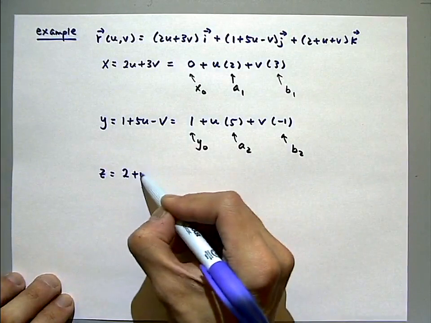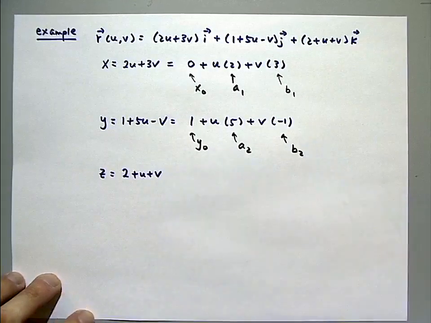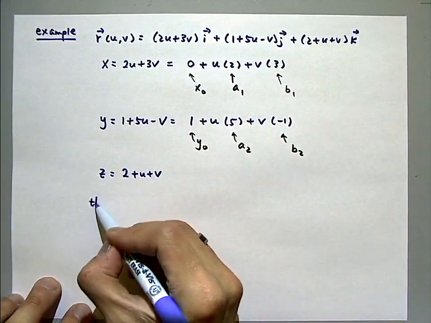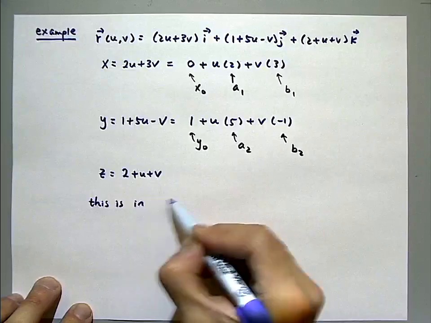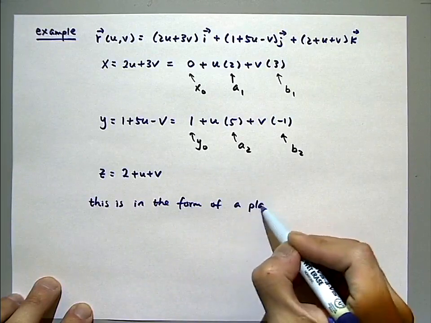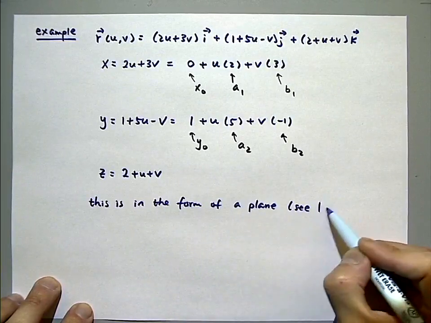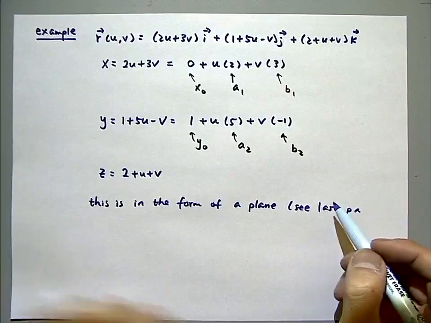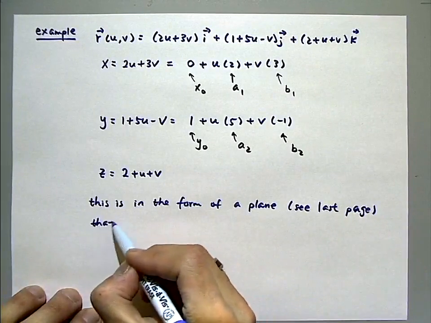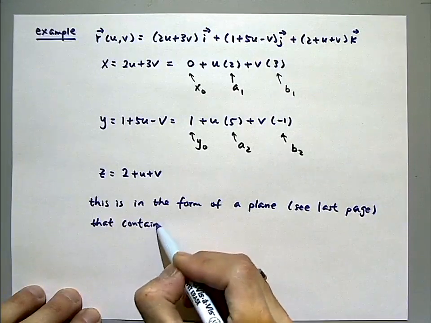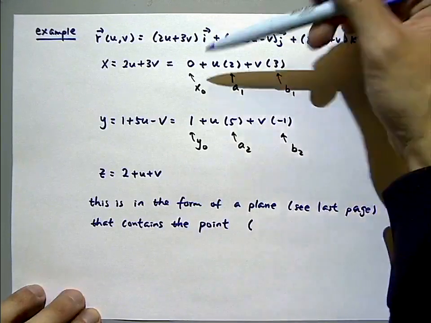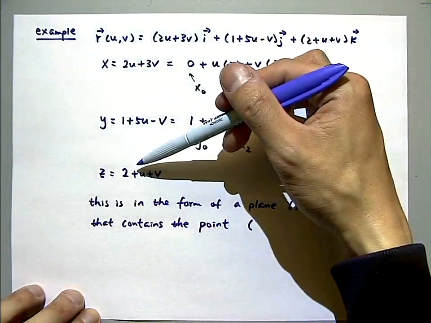Now with z, you get the idea now. We don't need to do anything with z, so this is in the form of a plane, see last page, that contains the point 0, 1, 2, right? 0, 1, 2.